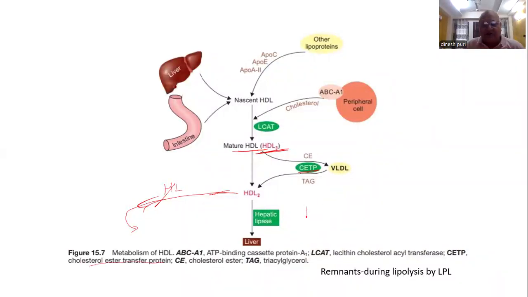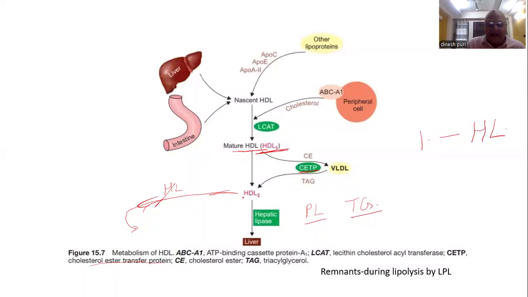Hepatic lipase causes degradation of phospholipids and triglycerides. And while this degradation is occurring in the space of Disse, the cholesterol is taken up by the liver cells by certain specific receptors. We are not going to talk about those details now. So this is the first route of reverse cholesterol transport, mediated by hepatic lipase.